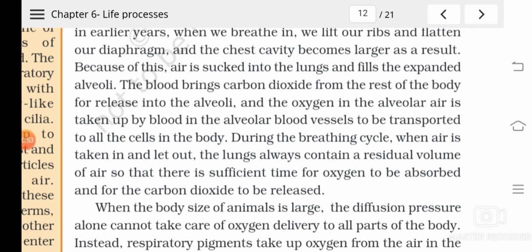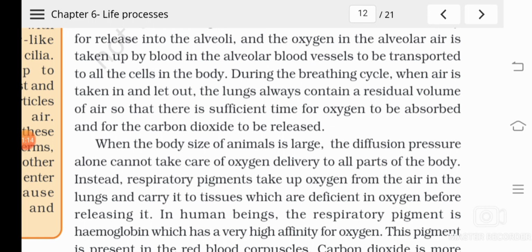Understood? The exchange of gases I will explain in the next class. So this is happening during inhalation and during exhalation. Is it clear?